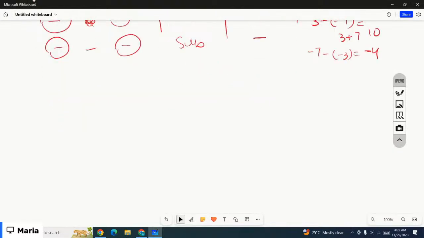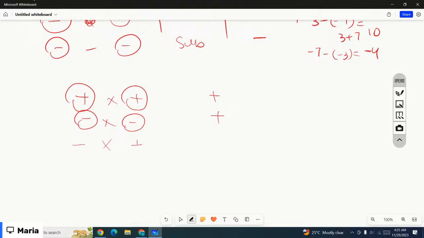So you are multiplying two positive numbers. The answer must be positive. You are multiplying two negative numbers. Answer must be positive. You are multiplying a positive and a negative number.